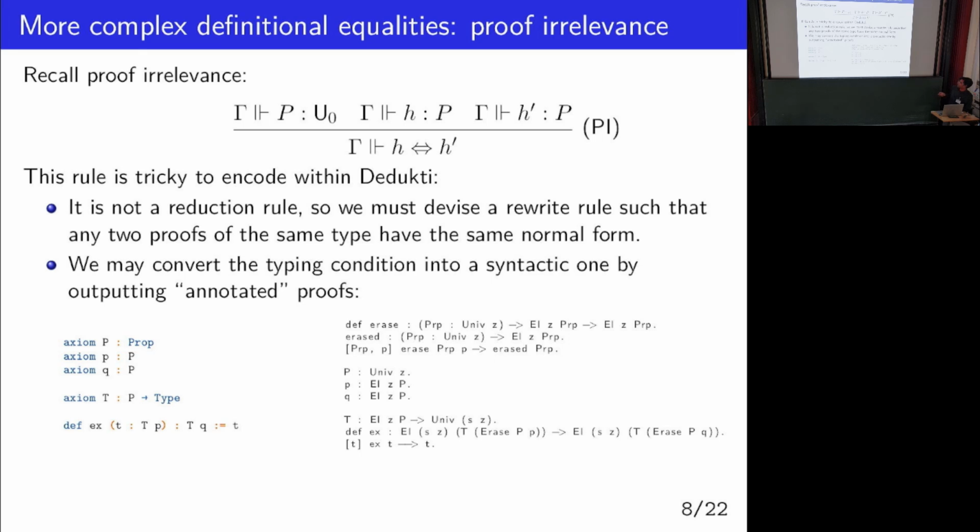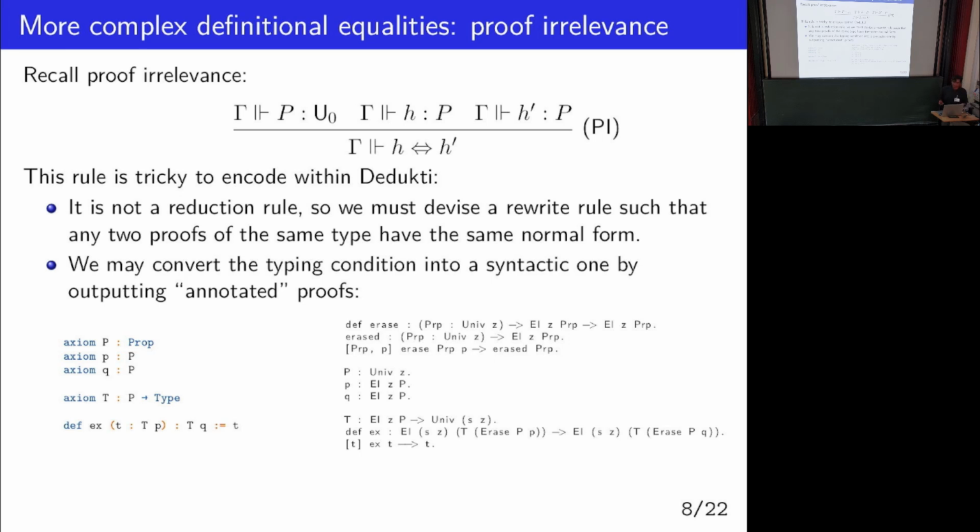And we can think about encoding this in Dedukti with this erasure symbol. Basically what it does is, given a proposition and a proof, it will rewrite to erase the proof. And then we have a kind of normal form, because if we only care about the proposition and not the proof, then we've accounted for proof irrelevance in that way.